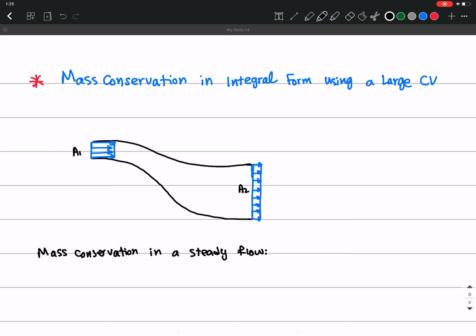So I'm going to define a large control volume to calculate the mass that goes into and out of this control volume, and then write the mass conservation for that control volume. Just note that you are free to define any CV that you want, so it's arbitrary.